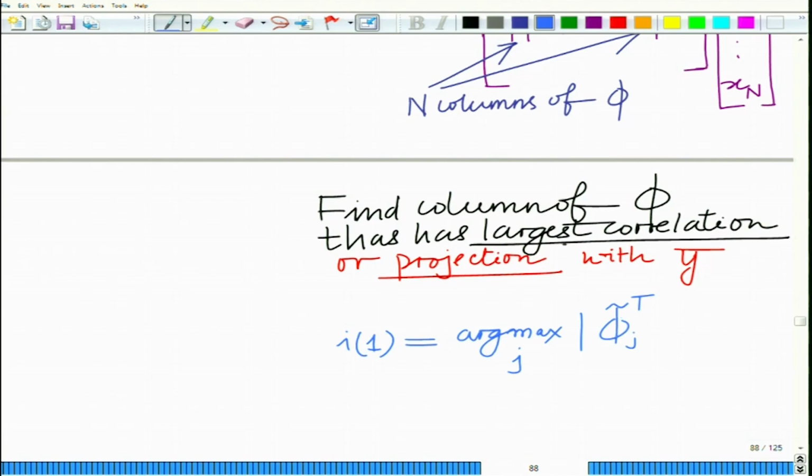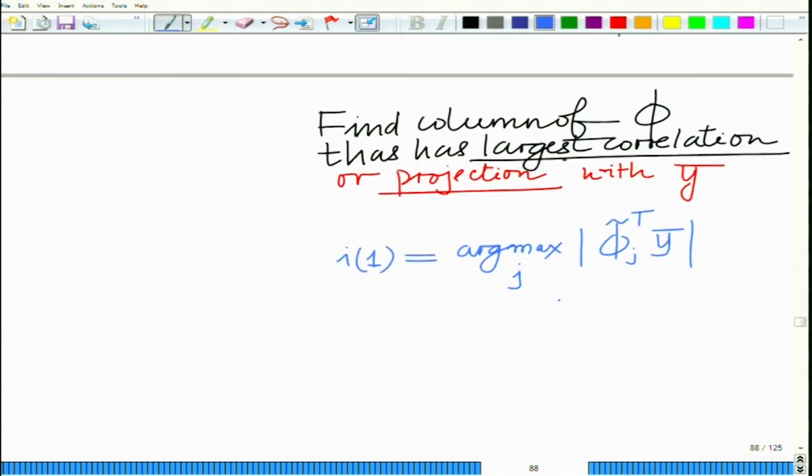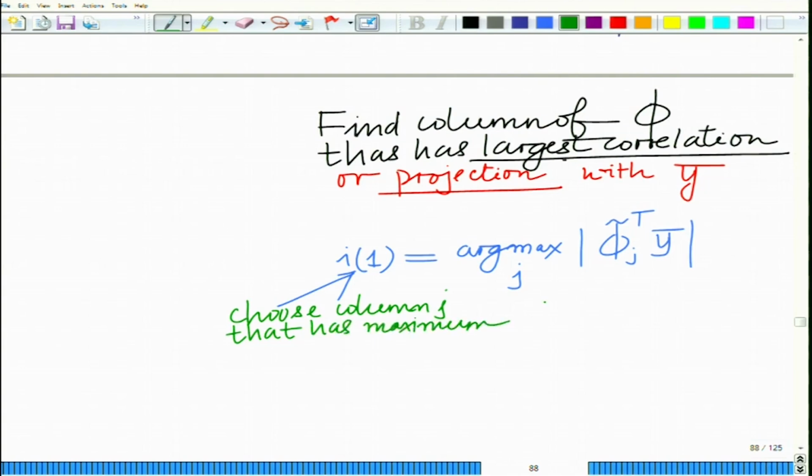You look at all the columns phi tilde j, take the projection phi tilde j transpose y bar, and choose the column j that has the maximum projection. Okay.